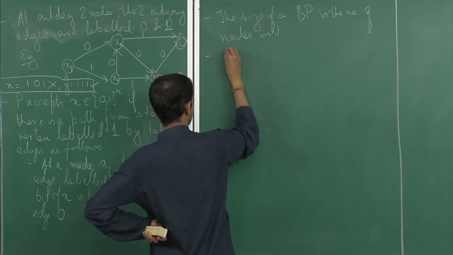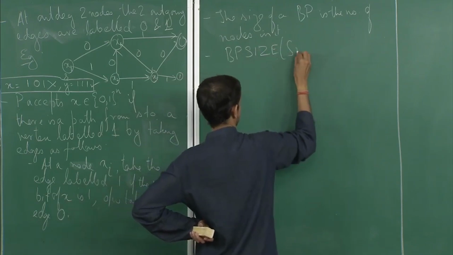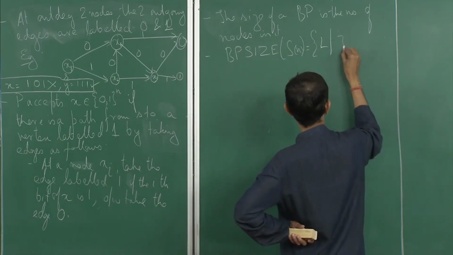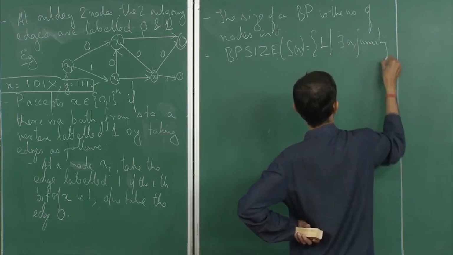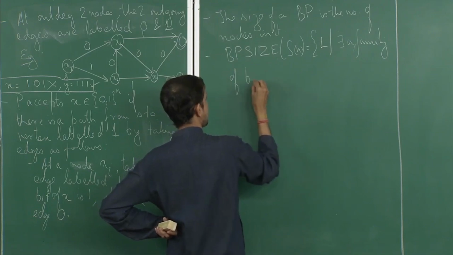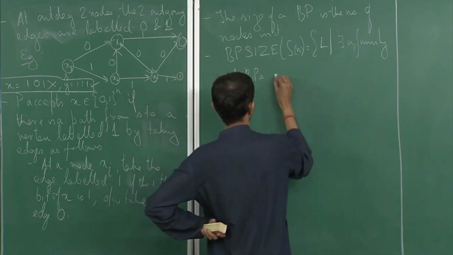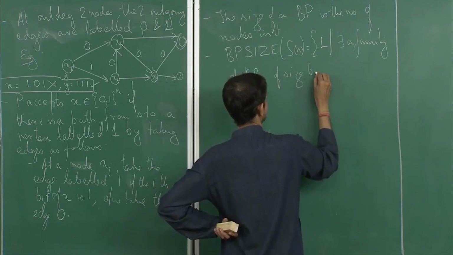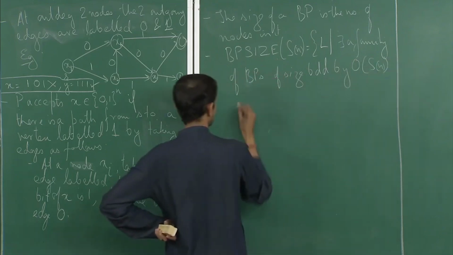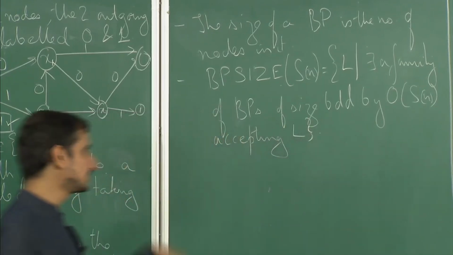Okay, and we can define the class BP size, let's say S of n, as the set of all languages L such that there exists a family of branching programs of size bounded by order S of n accepting L. So this is in the natural manner.